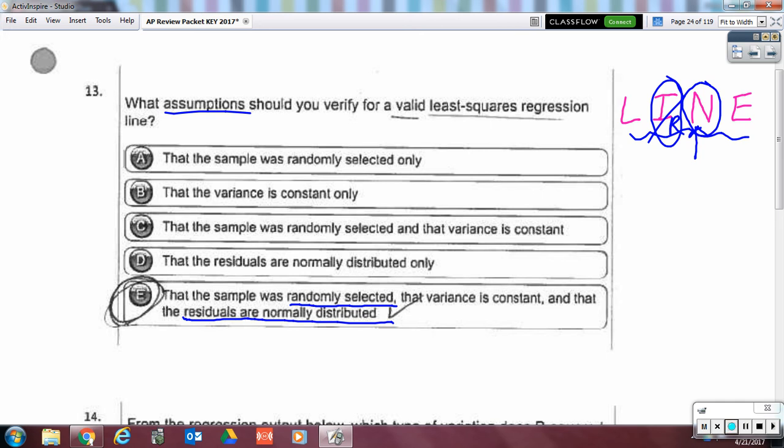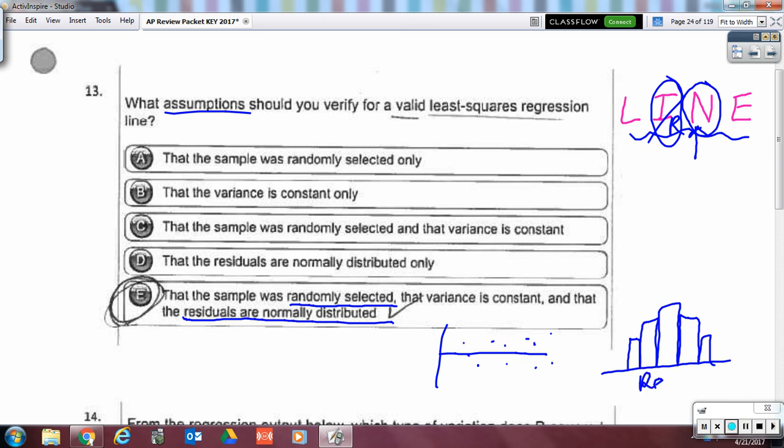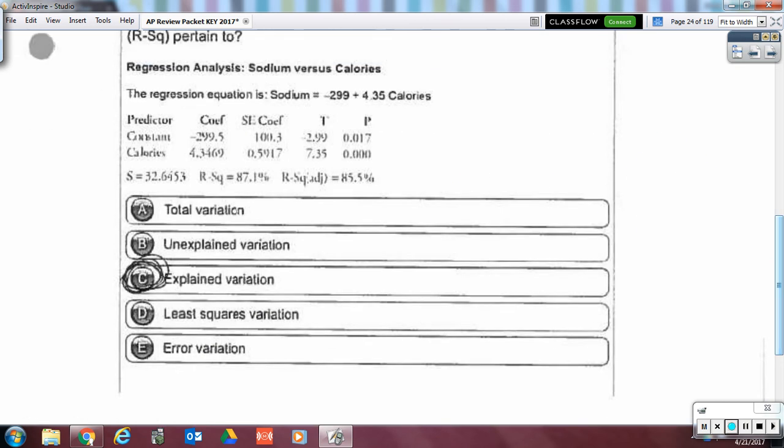That is the one that looks like this, and you do not want it to fan out. You want it to be equally varied. By the way, for whether the residuals are normally distributed, we were doing a histogram or that normal probability plot. And here's an explained variation, r squared.